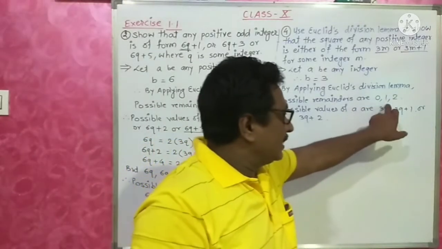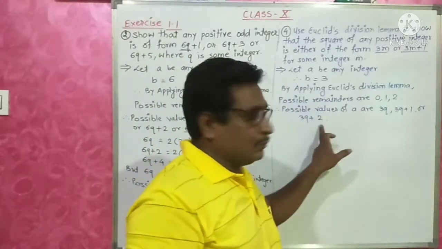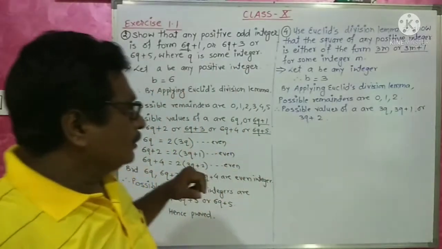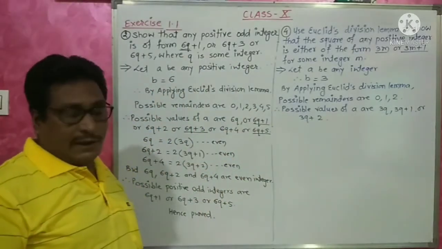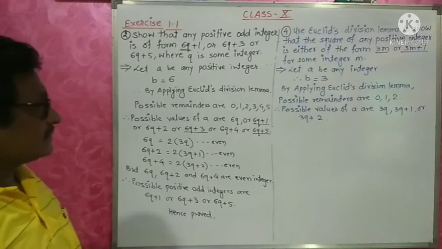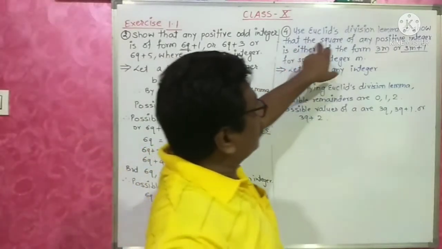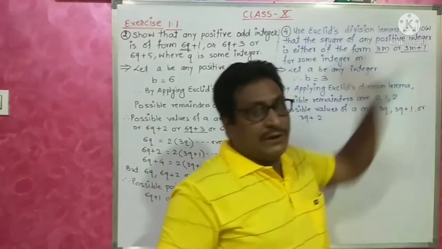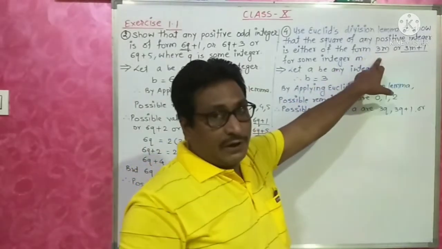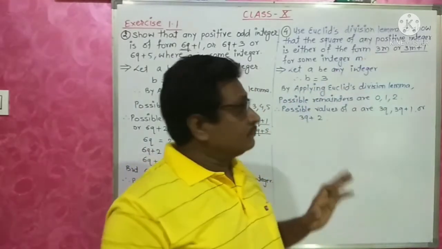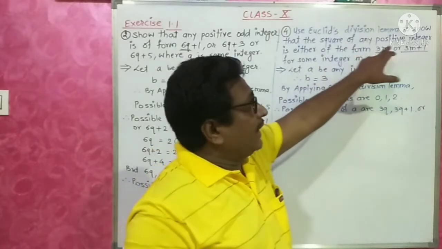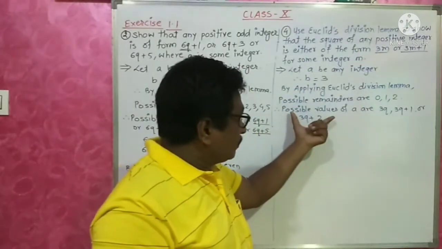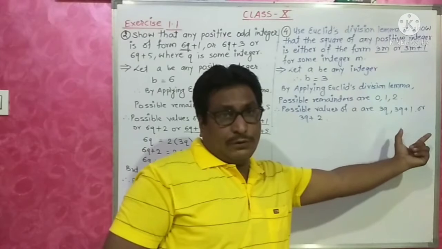Remainder 0, remainder 1, remainder 2. Okay. So these are the possible values of a. Now what do they ask? The square of any positive integer, in this form we have to show, the m form. So the square of any positive integer means the square of this positive integer.